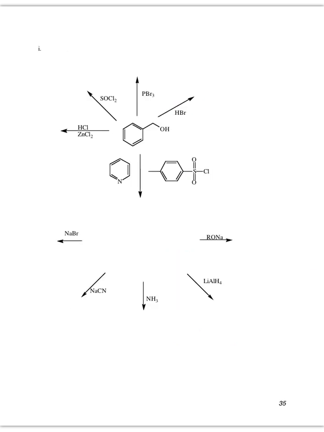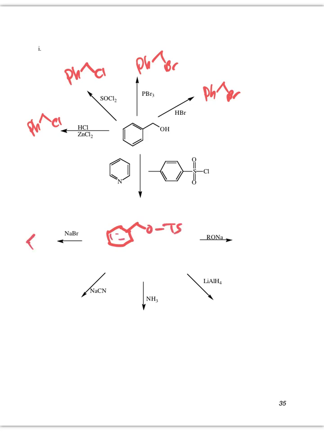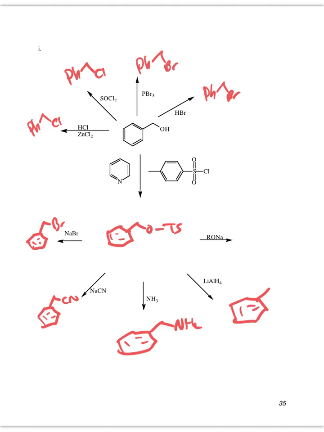Here we review that page we talked about earlier where we have the benzyl chloride, benzyl bromide, the benzyl tosylate, and then replacing the tosylate with the bromide, with the cyanide, with the amine, with the hydrogen to make toluene, or with the alkoxide to make the ether.